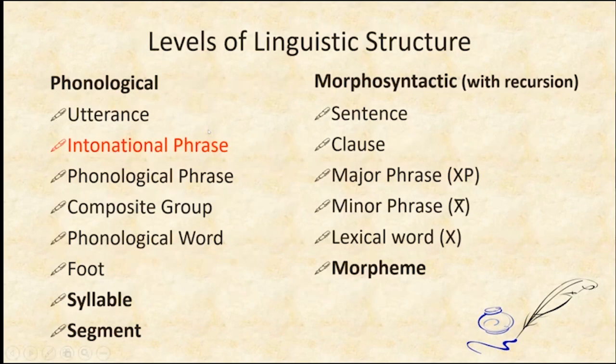So if we look at the levels of linguistic structure, we have two competing but interdependent hierarchies. We have the phonological hierarchy of structures, and we have the morphosyntactic hierarchy of structures. And the phonological hierarchy is dependent on and informed by the morphosyntax.